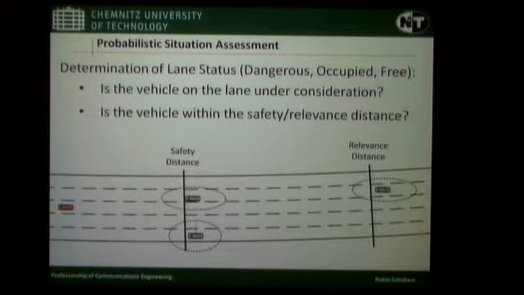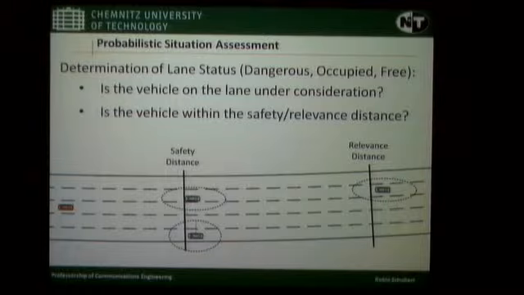Now, what we get from the tracking modules is uncertain lane information and uncertain vehicle information. And this may lead to a representation where we have expectation values and, for example, covariance matrices of the position.